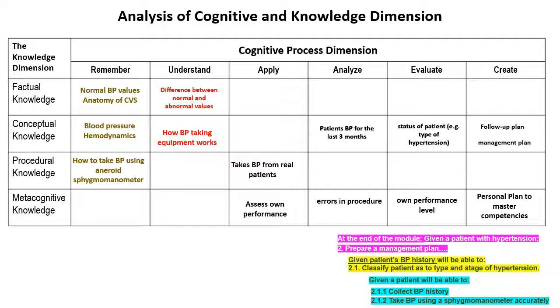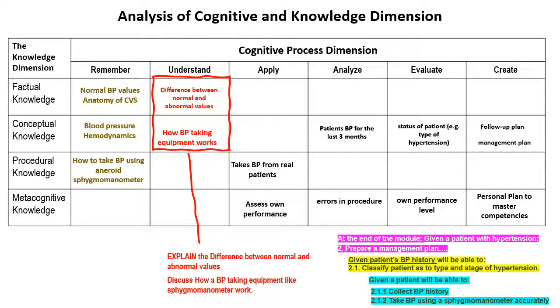Let's add the verbs coming from the understand and remember dimensions. Let's start with the understand dimension. We bring down the difference between normal and abnormal values, how BP taking equipment works, and add verbs to them. What we will have now will be: explain the difference between normal and abnormal values. Discuss how a BP taking equipment like sphygmomanometer works.